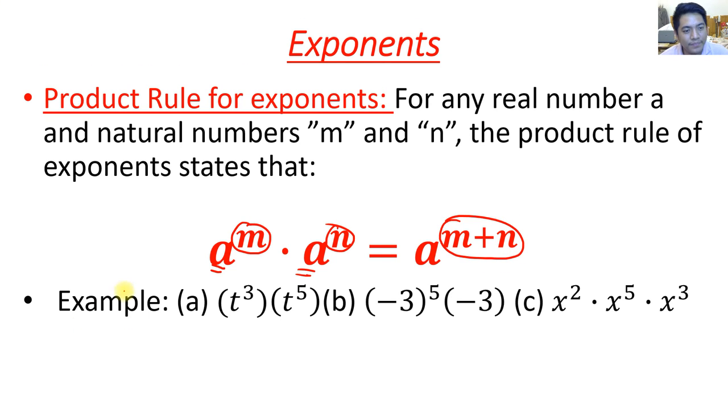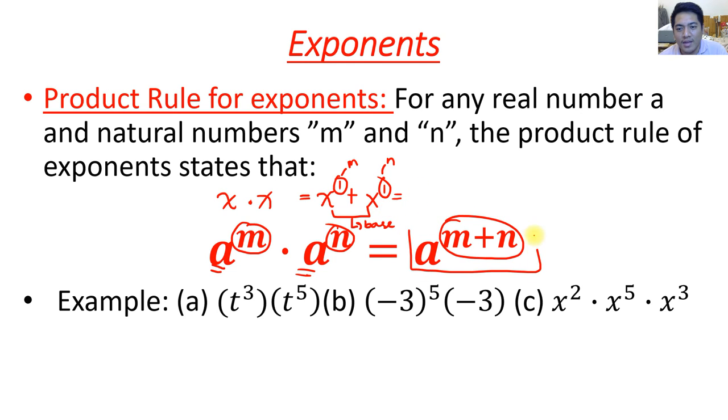So for example, if you have x times x, that would be x raised to 1 plus x raised to 1. It's understood that when there is no exponent, it is raised to 1. So they have the same base, which is x, and they have m and n as the value. So what we really do is simply use the formula a raised to m plus n.